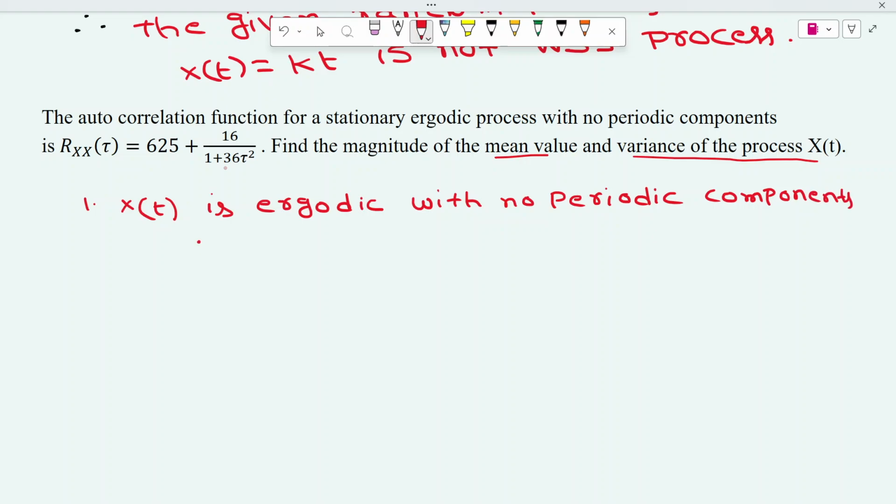Then we have limit mod tau tends to infinity of Rxx of tau is equal to the mean square value, which is also the same as expectation of x whole square.